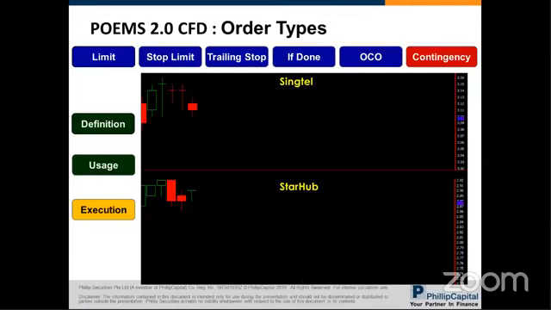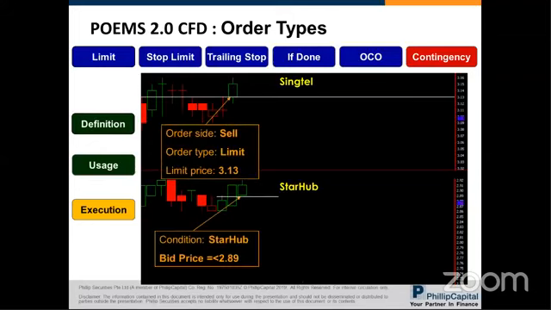Likewise, we have Singtel and StarHub over here. They are in the same industry, so if you look at your peer and its price starts to go down, because they are somehow related, you may believe in the theory that markets move prices in tandem by industry.